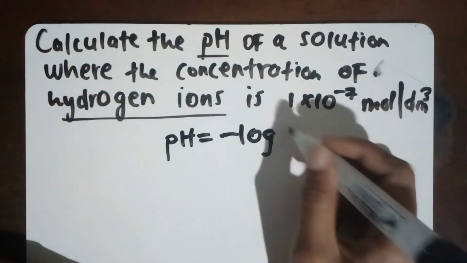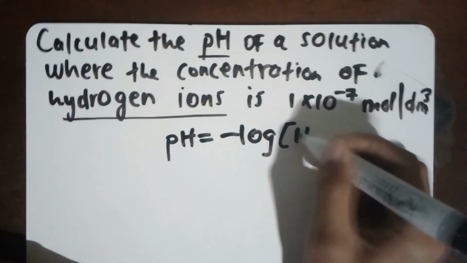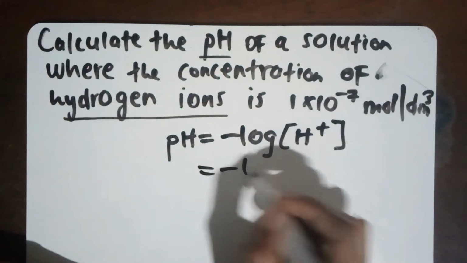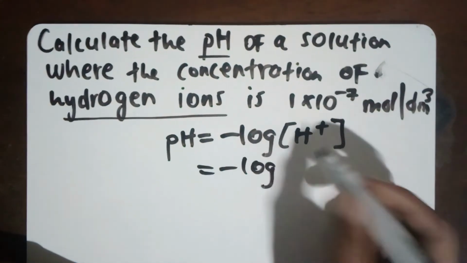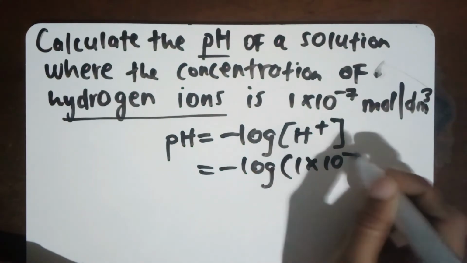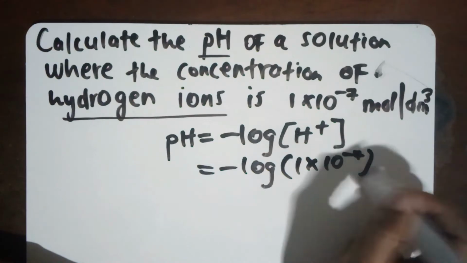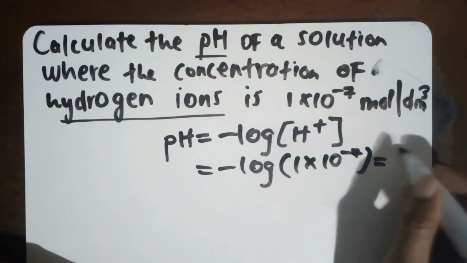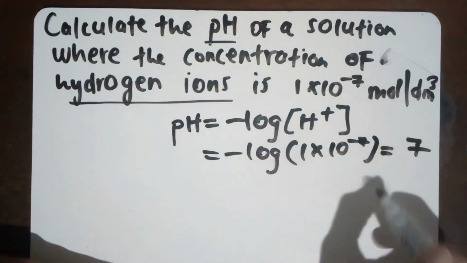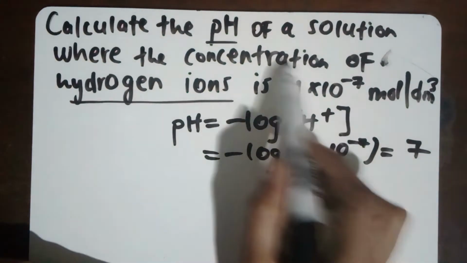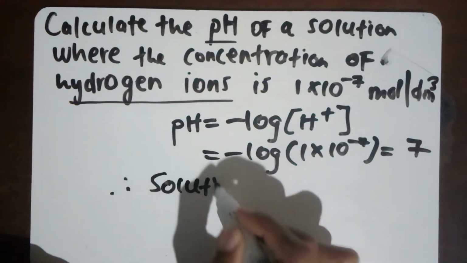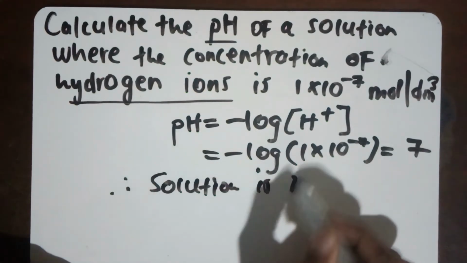I'm not sure if it's given, I'll check at the back of your question paper, but I don't think so. So we're just going to say the negative log of the concentration, and that concentration is 1 multiplied by 10 to the power of minus 7. You'll find that the value is 7. What is that value telling you? If the pH is 7, it's telling you that our solution is neutral.